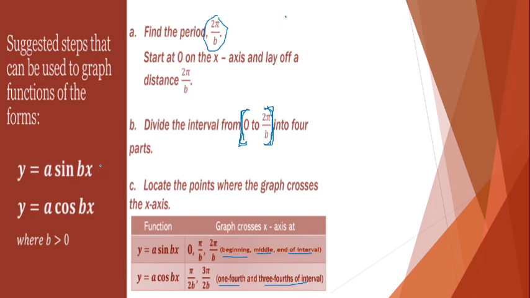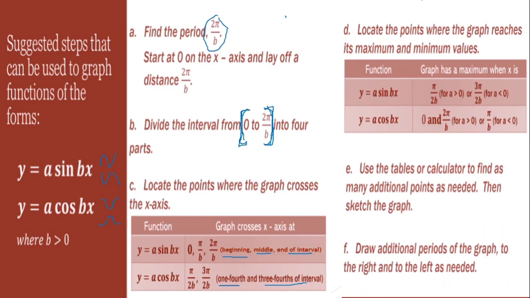Sine is either like this or like this, and cosine is either like this or like this. Basically, that is the graph.